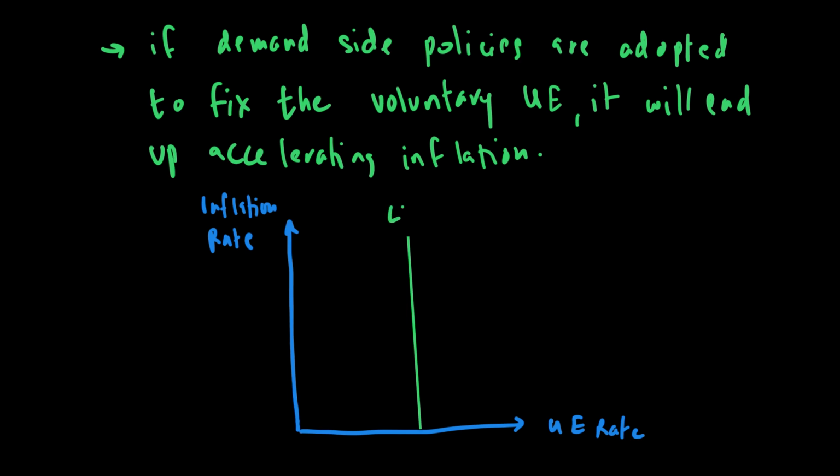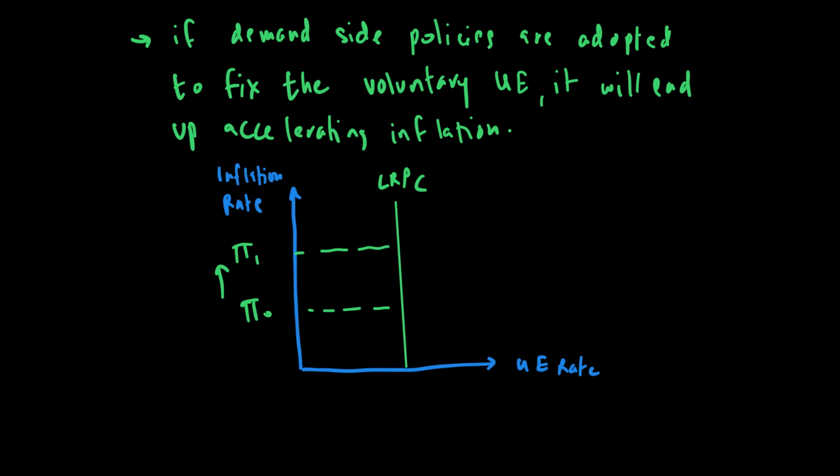So this is my long run Phillips curve, which means you can see this, even if the price level is going up or inflation is going up, the symbol is pi, inflation rate is going up from pi naught to pi 1, you may not see unemployment UE to change, and this is what we call UE star. And this UE star, according to them, is your unemployment at full employment.